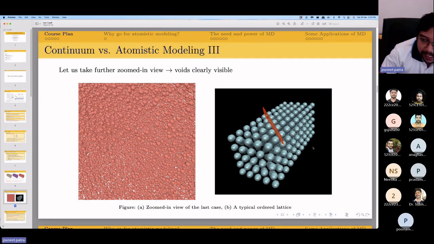On the right hand side, I have a relatively small system of an ordered lattice, and in this system also you can see how much void space there is. Please note that for visualization purposes, I have zoomed in the size of each individual blue particle here. Typically, they are point masses, so they will occupy just a single point in the XYZ coordinate system.